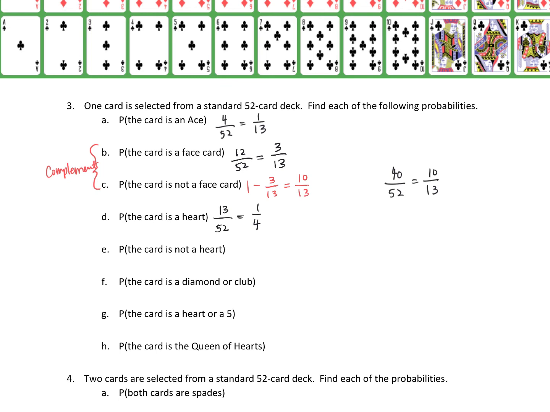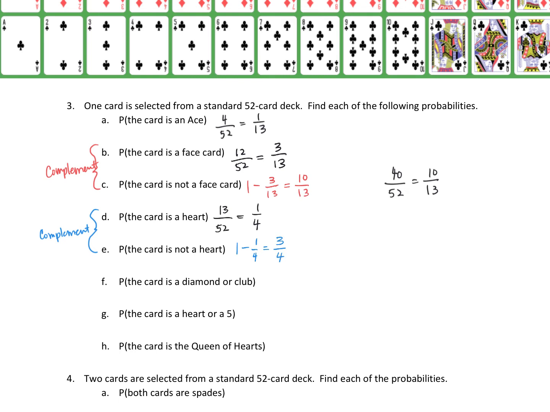E, find the probability that the card is not a heart. Again, notice that D and E are complements. It's either a heart or it's not a heart. It's one or the other. Those are complements, so you can take advantage of the rule of complements and do 1 minus 1/4, and that would be 3/4.